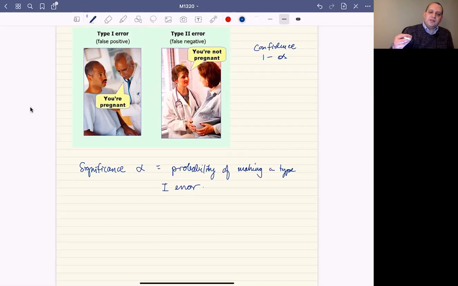On the other hand, if the significance is too high, say an alpha of 0.5, then every other experiment, statistically speaking, is going to have the wrong conclusion. If we were to run 100 trials with a significance of 0.5, half of them would be wrong. That's clearly too high.